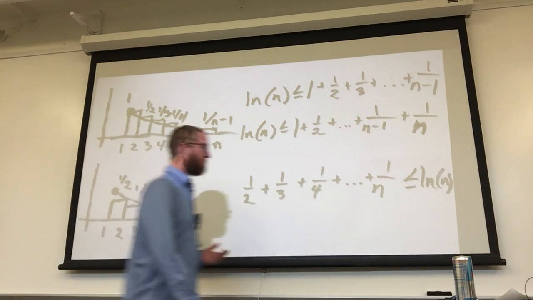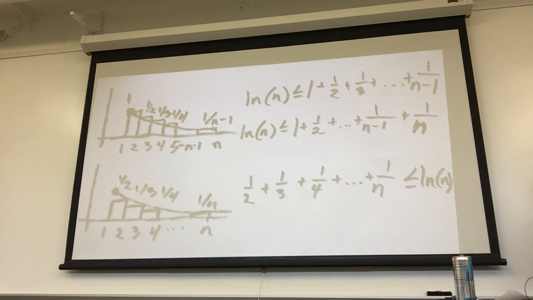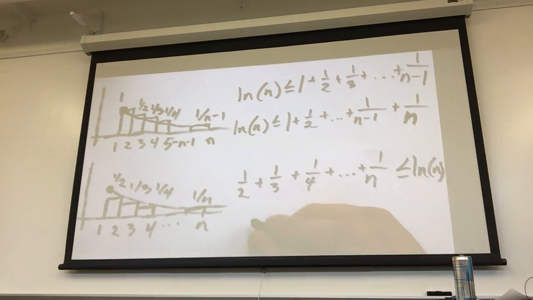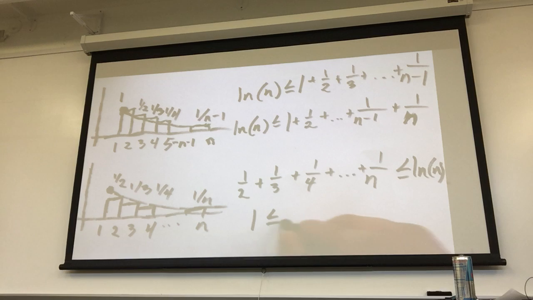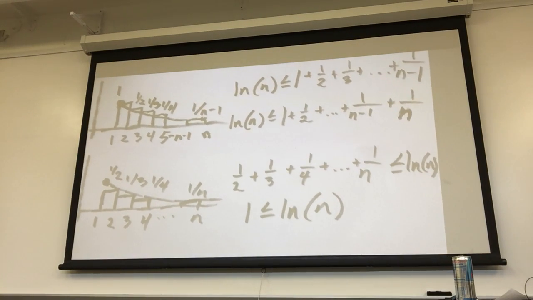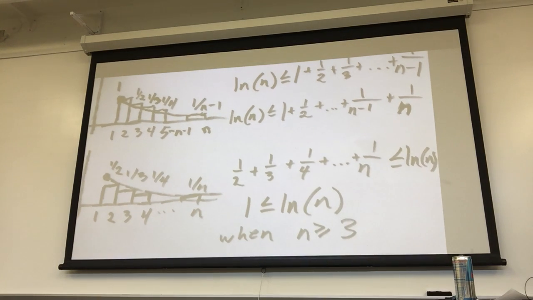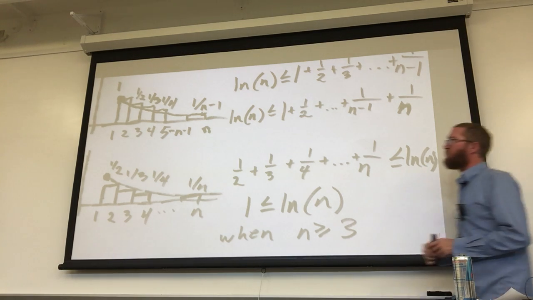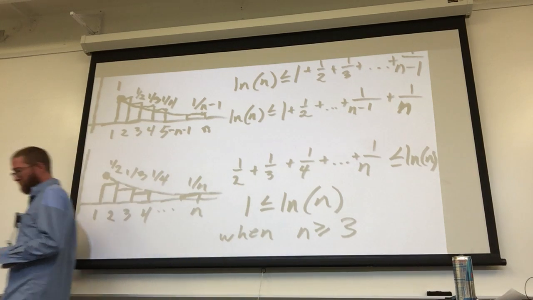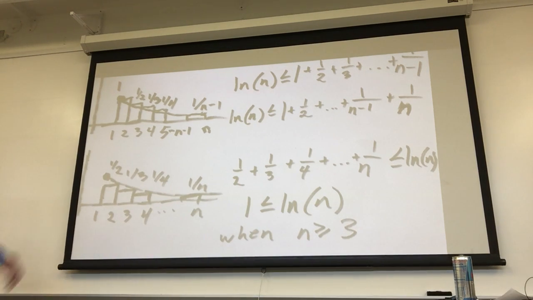Well, let me see. I've got another inequality that says that 1 is going to be smaller than the natural log of n when n is greater than or equal to 3. Okay, now why am I saying n is greater than or equal to 3? Because n would have to be greater than e to the 1.